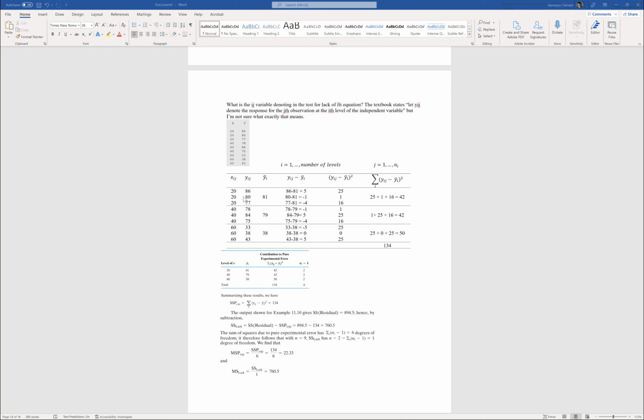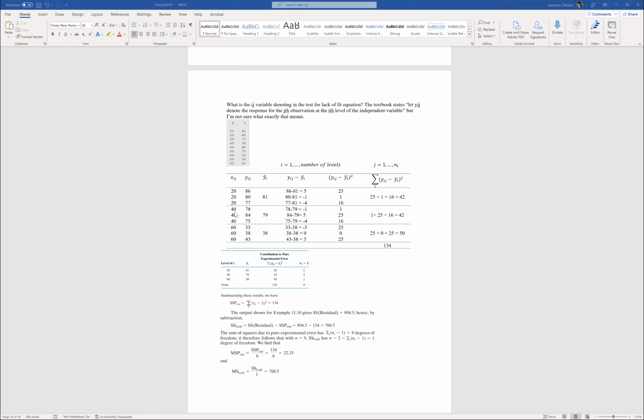So the i is telling you which group you're in, group 1, group 2, or group 3. And the j is telling you which observation within the group you are. So here, walking through it once again, just this first 20 would be x11, x12, x13.